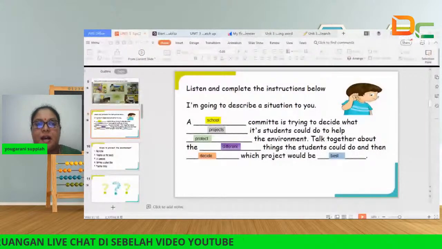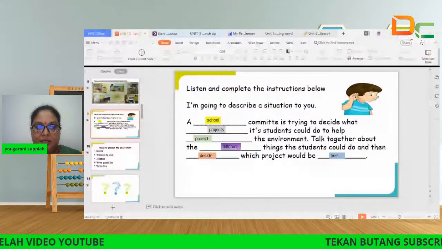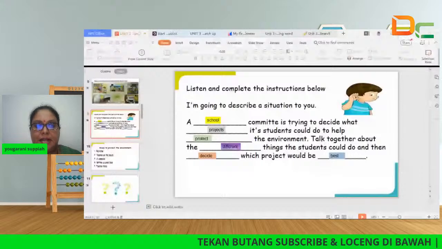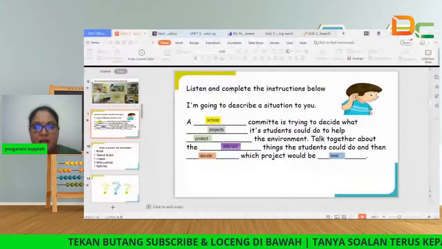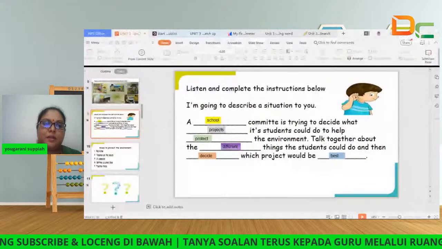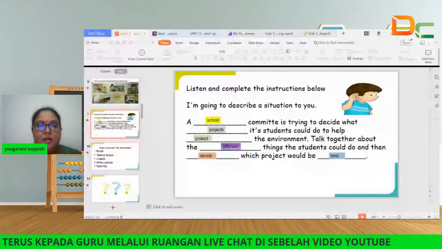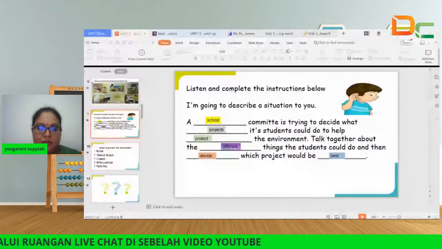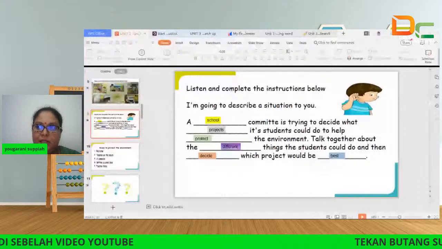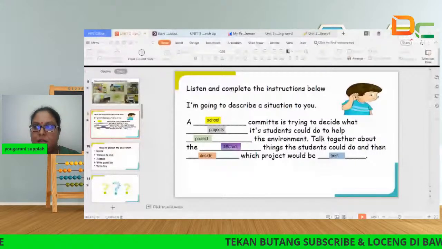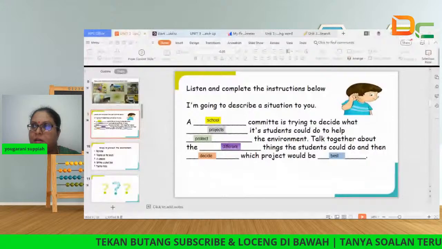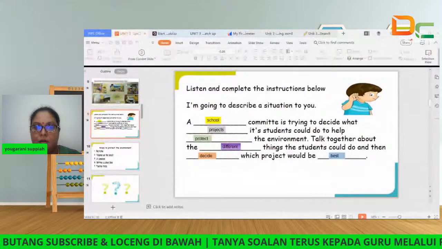Asking if someone agrees, bertanya jika seseorang bersetuju. So let's look at the useful expression, phrases given. Do you agree? Would you agree that?